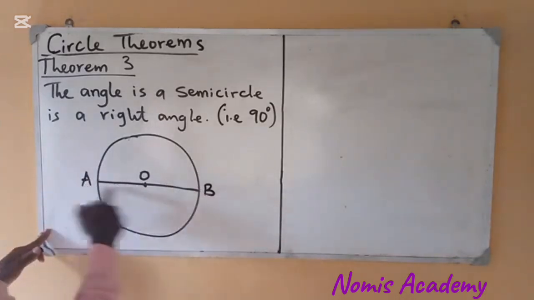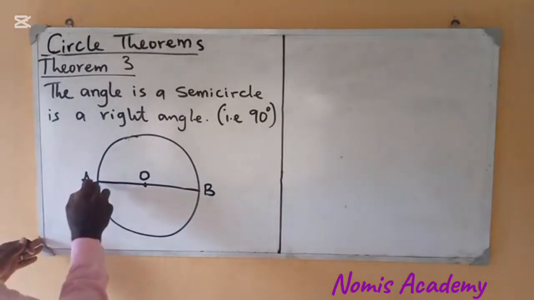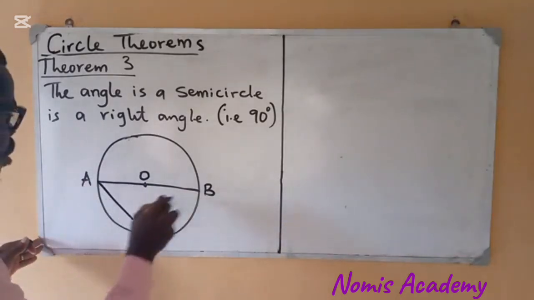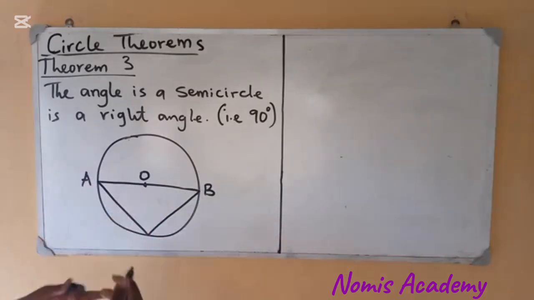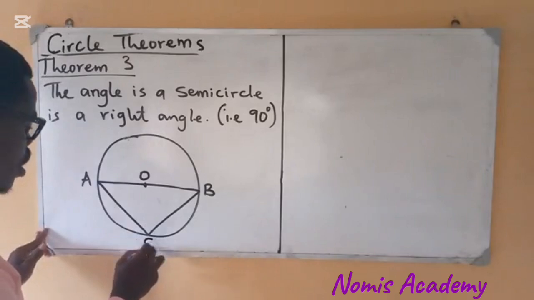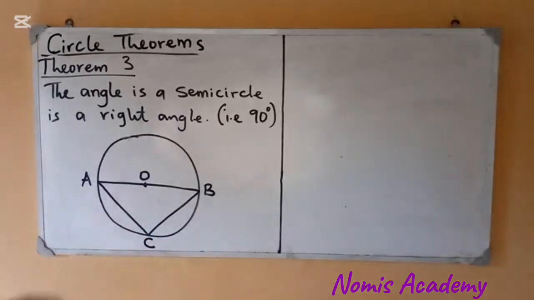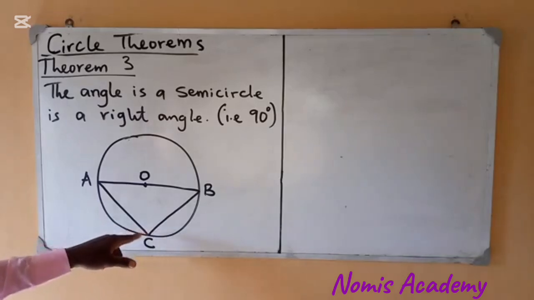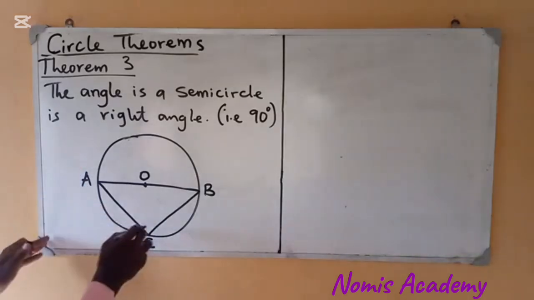The diameter divides the circle into two equal parts, and then we have an angle at one of the parts, which is called a semicircle. So we call this point C. So according to the theorem, it says that the angle in this semicircle is a right angle.